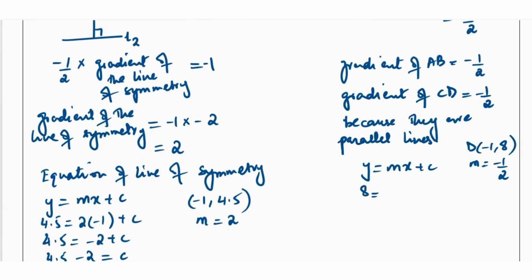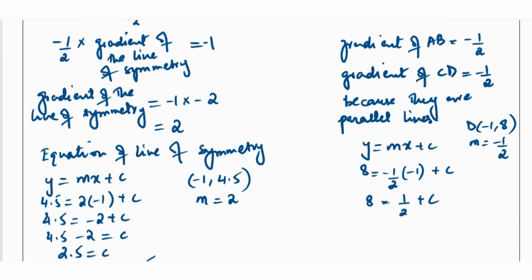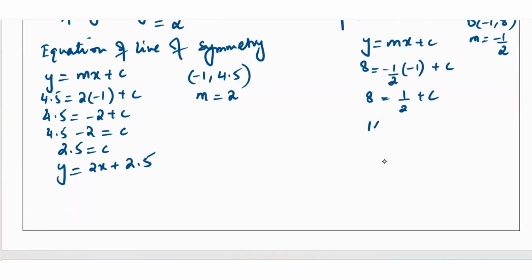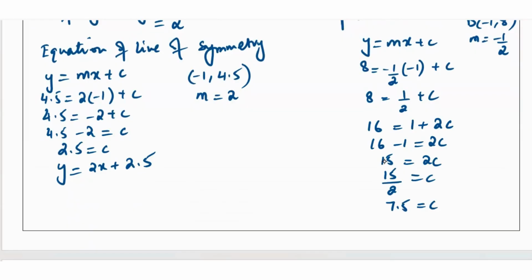8 equals -1/2 times -1 plus c. 8 equals 1/2 plus c. 16 equals 1 plus 2c. 16 minus 1 is 15. So 15/2 is c, which is 7.5.